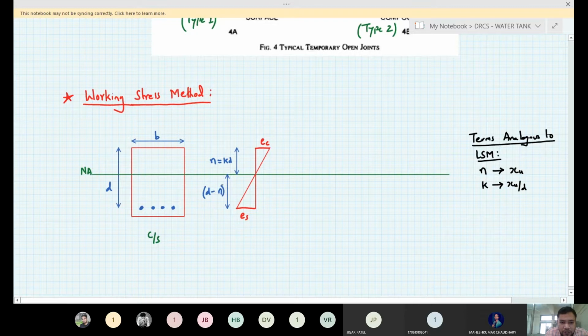And where n is kd, we can write this as (1 minus k) into d. Okay, so this is your strain diagram.